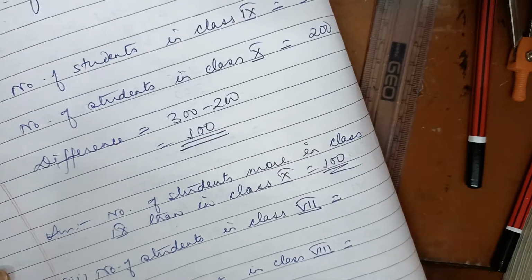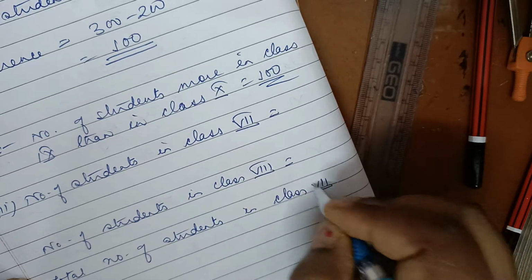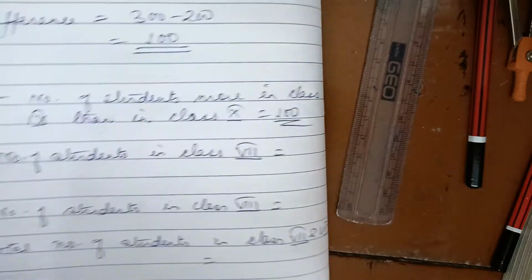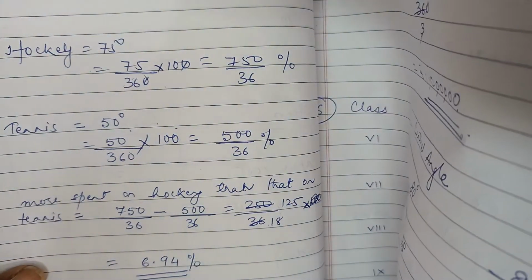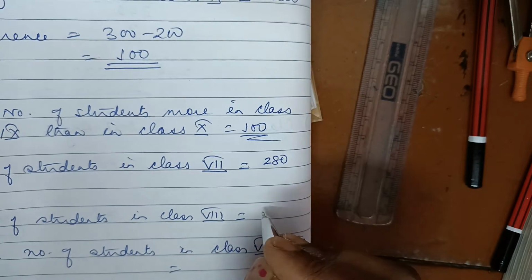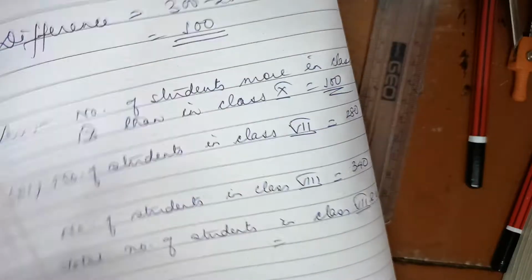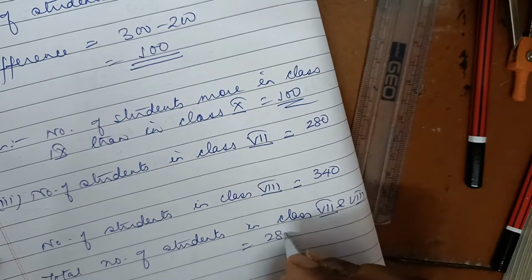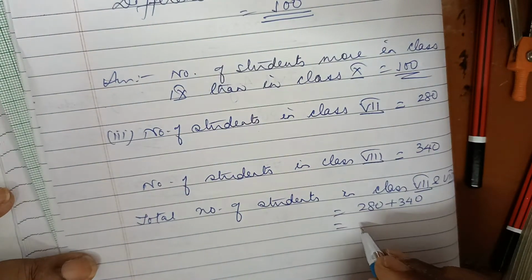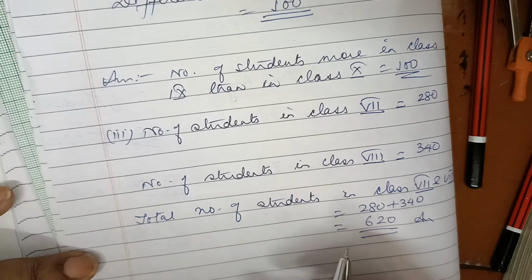In class 7 it is 280 and in class 8 it is 340. Just write down 280 and 340. Then you will add it. 280 plus 340 is equal to 620. This is the answer.